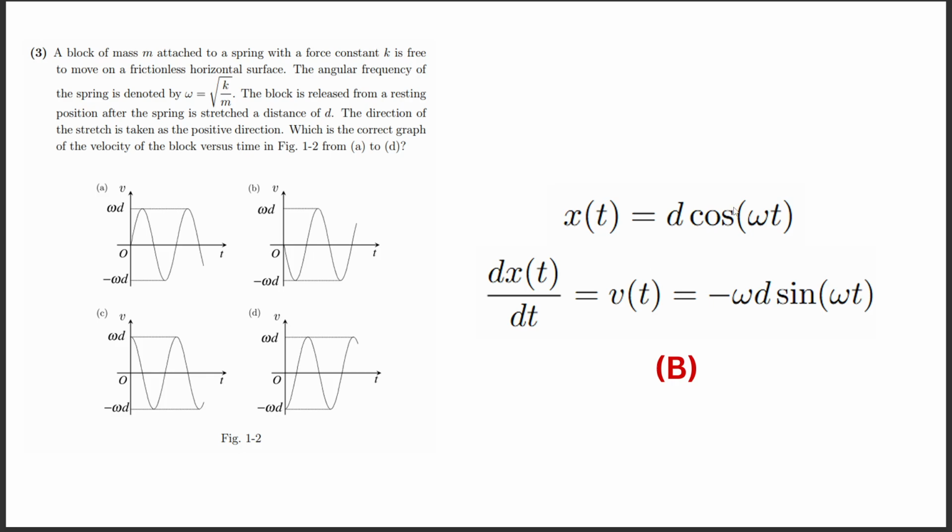So we can just derive this, and the derivative of cosine is minus sine, and we can use the chain rule to get omega to the outside, so it became minus omega d sine omega t. So it has the amplitude of omega d, and it matches the answers, and the function is minus sine, so the answer that has the minus sign is B, so the answer is B.